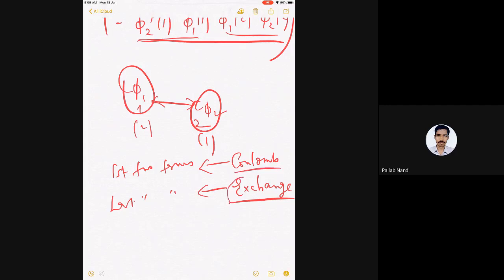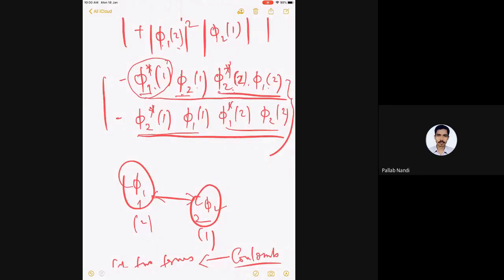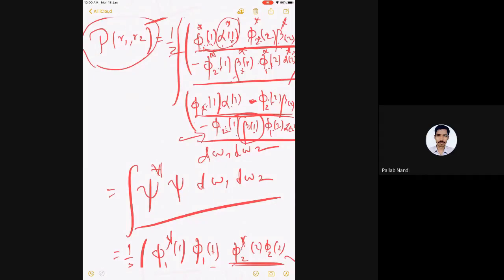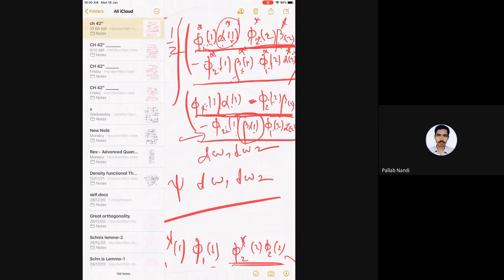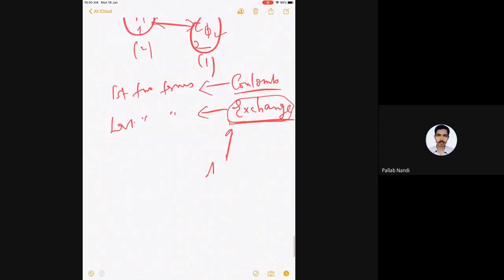This exchange, which probably for the first time we are seeing, is an artifact of the fact that the wave function was antisymmetrized right in the beginning. I hope you remember. Because it was antisymmetrized, I had to write these 2 terms. If it was not antisymmetrized, I would have written only 1 term. Factor half would not have been there. It's simply Coulomb. So the exchange is coming. Exchange is a purely quantum effect, arising out of the antisymmetry of the electron.